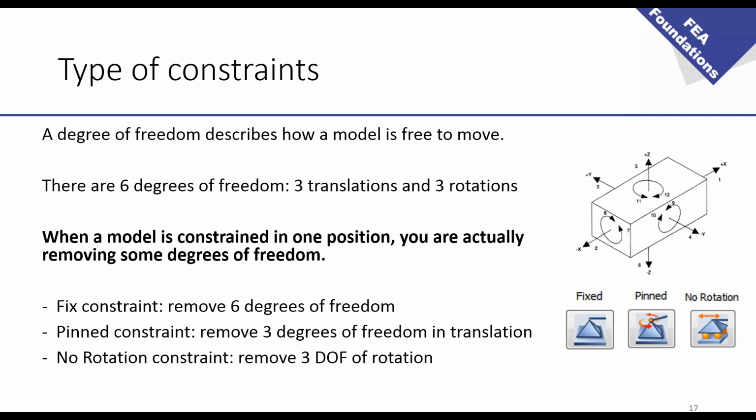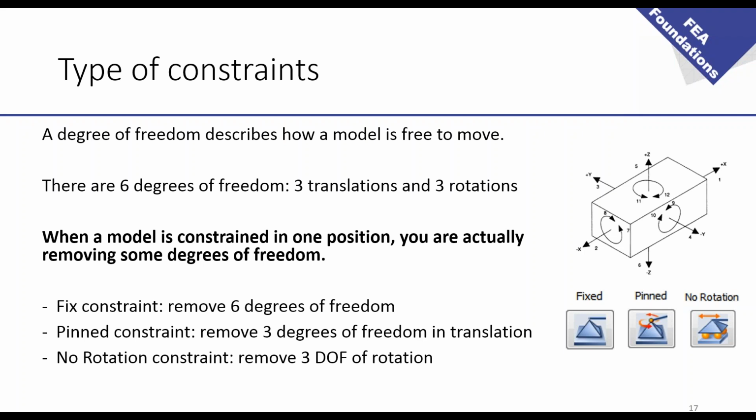You know that a model can move in 3 directions because we have 3 spatial directions, and it can rotate around the 3 main axes. So we have 6 degrees of freedom when the model is not constrained at all. So the maximum for one part is 6 degrees of freedom.